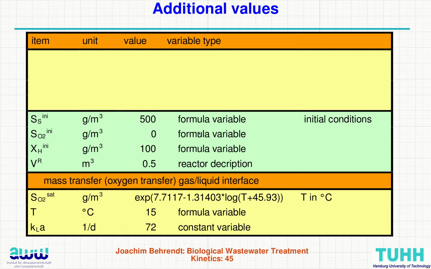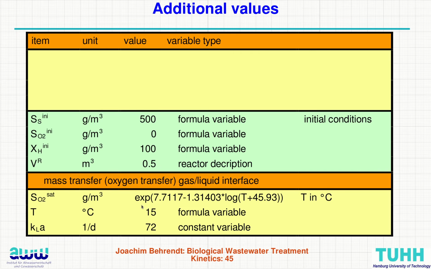Yeah, then we need, beside our process variables, additional values. In this form, the initial values. We have also, in this case for the batch reactor not, but normally we have to know the size of the reactor. We need also other information like the saturation concentration of oxygen.